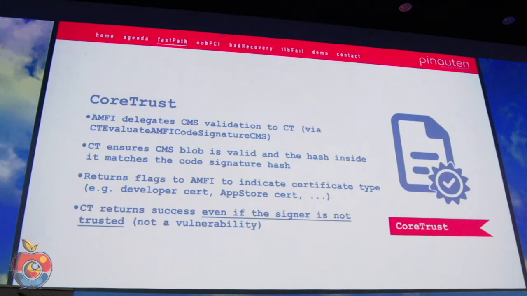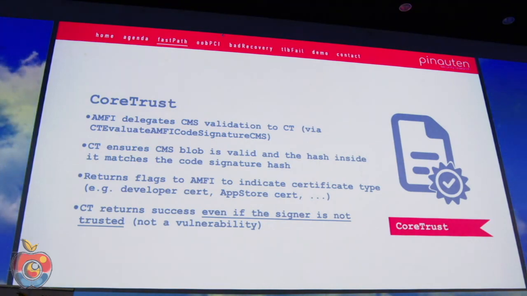This in itself is not a vulnerability, simply because, for example on macOS, if you run an application, it might be signed using an MDM certificate that is not known to the kernel, but the application should be trusted nevertheless, simply because you manually trusted that certificate. The kernel can't check that, so CoreTrust has to return success even if the signer is not trusted.